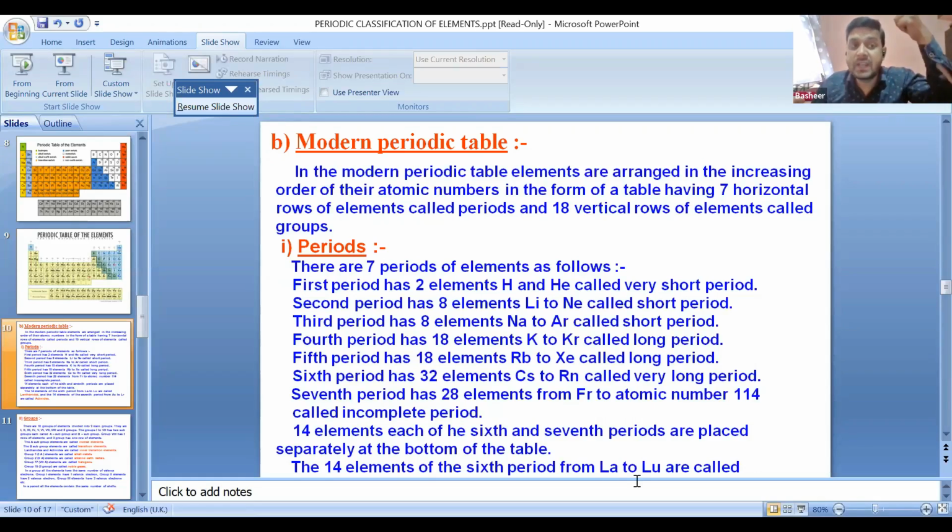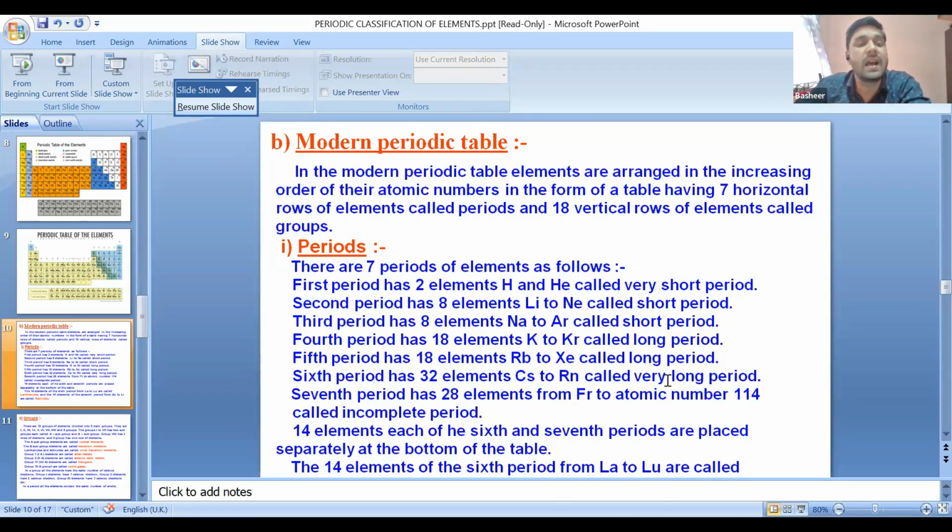So now you have a little bit of an idea. The first period is 2, second period is 8, third period is 8, fourth period is 18, then 18, then 32 and 28. When you are writing the shells, at that time also you are writing 2, 8, 8, 18, 32. That comes from the periodic table arrangement.